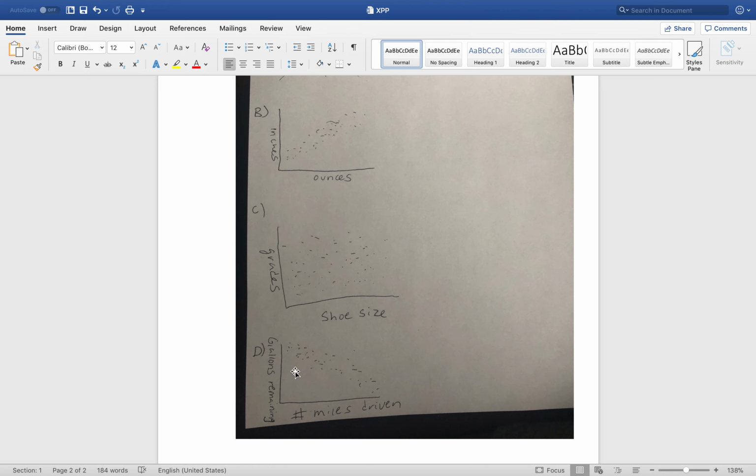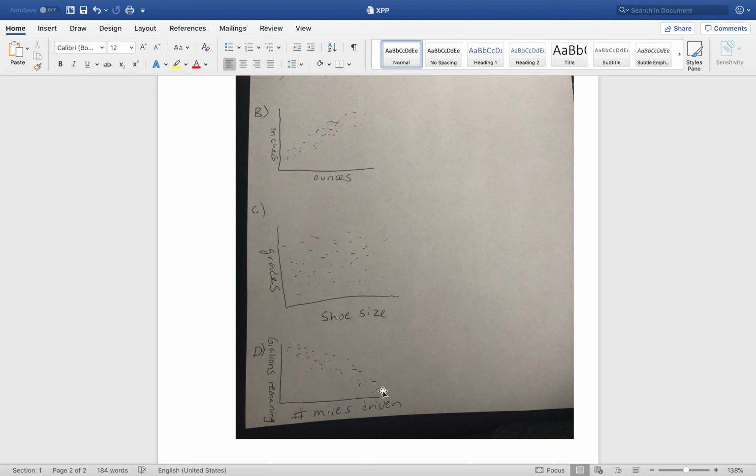That makes sense, because the more miles we drive, the fewer gallons are remaining. So for me, I did a negative correlation, but it's a very strong correlation. It's just negative because the more miles driven, the fewer gallons remain. Here, not a lot of miles are driven, but there's a lot of gallons remaining. Whereas here, a lot of miles are driven and there's not a lot of gallons remaining.